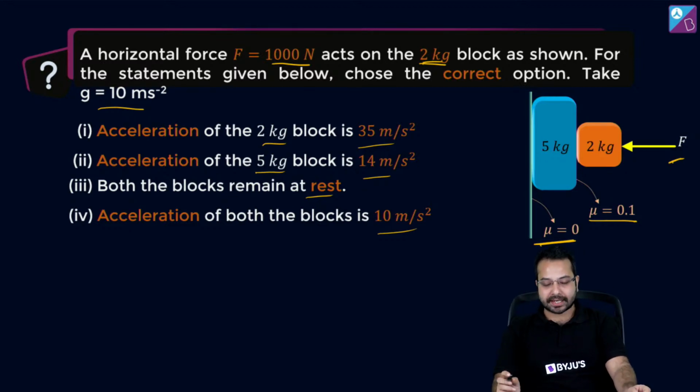Give it a shot and let me know if this is correct. Which of the following options are going to be correct? Or at least tell me, how do we proceed?